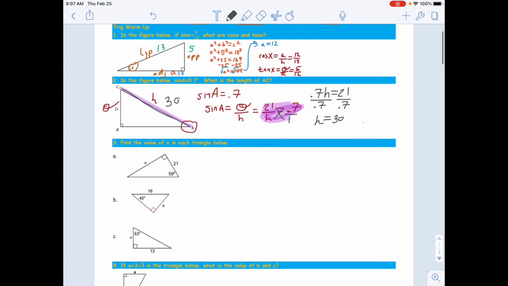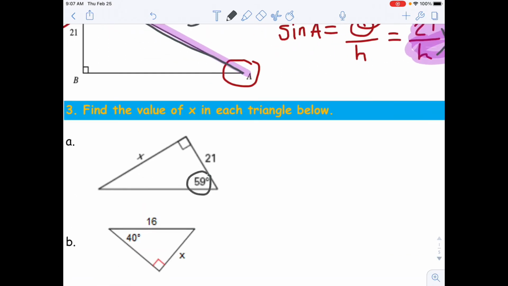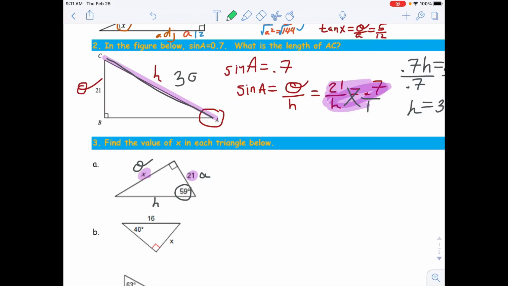And then we got some classic trig below. Again, boom, reference angle. This is opposite side, adjacent, hypotenuse. If that's the hypotenuse, which trig function uses O and A? Well, that's tangent. Tangent equals the opposite side over the adjacent side. So plugging in the numbers, we get tan 59 equals opposite x over adjacent 21.